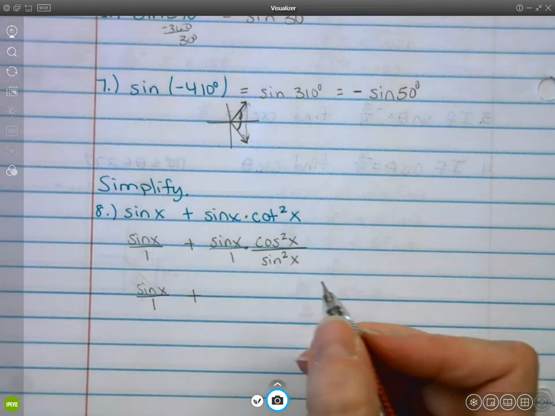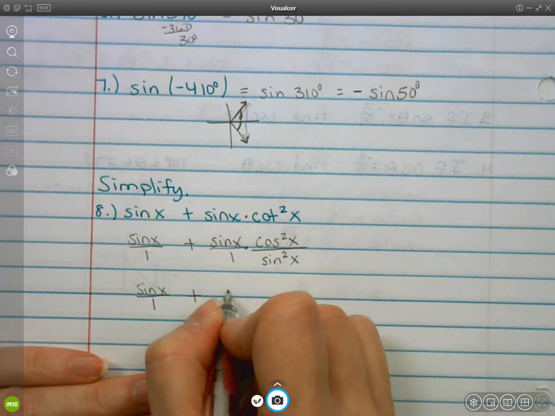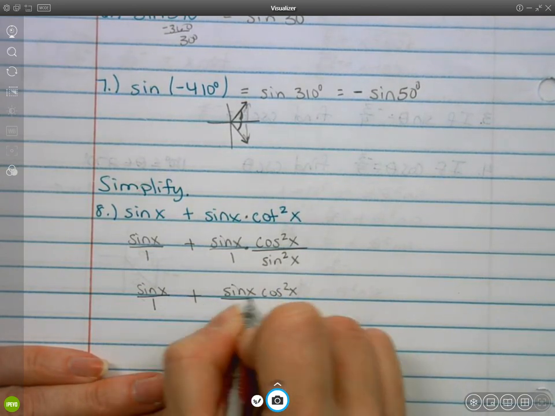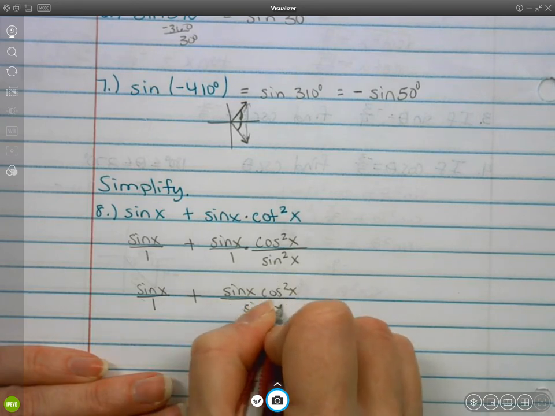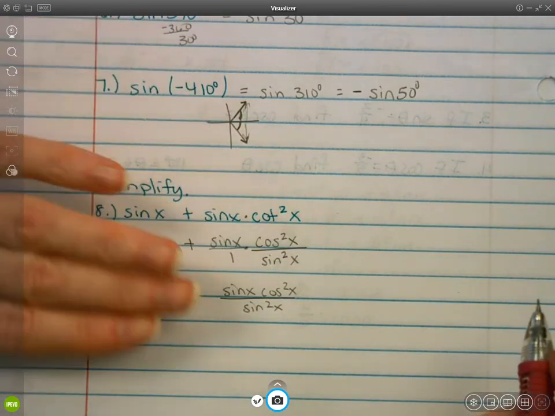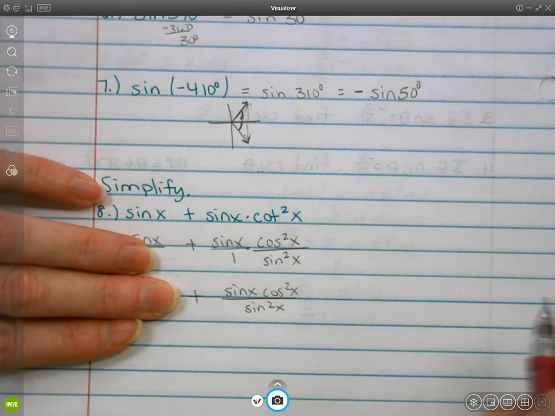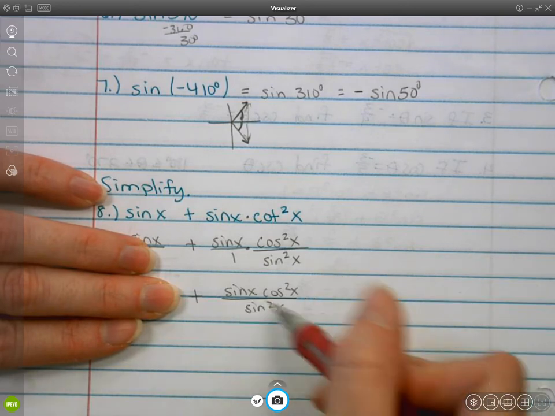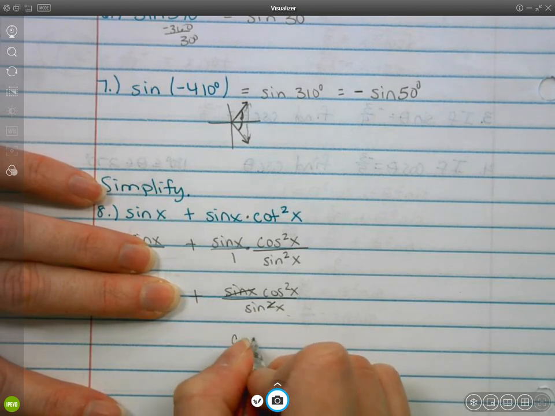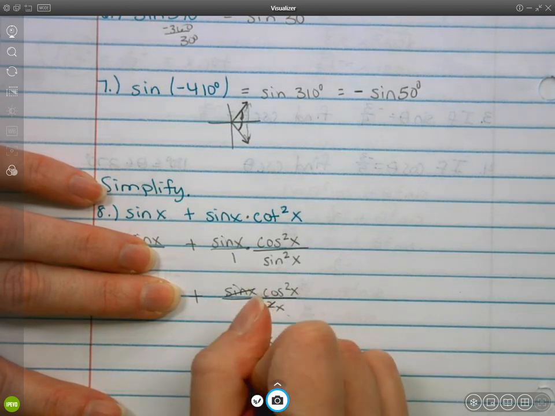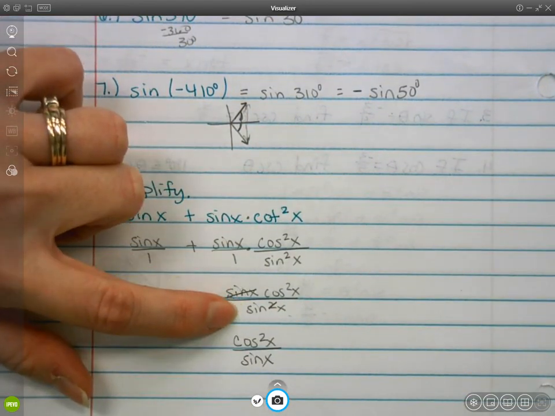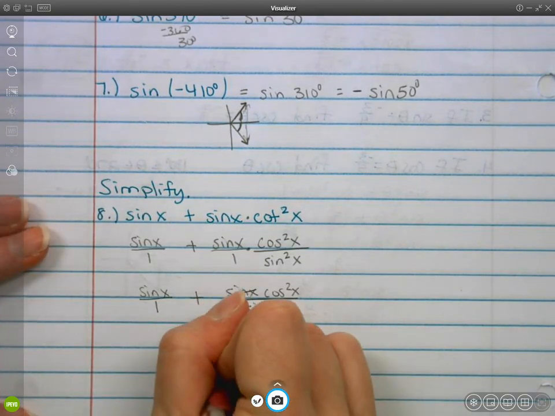All right, so you have sine plus, over here, you just have sine x cosine squared x over sine squared x. Do you notice there's a sine on top and there's 2 sines on bottom? Ignore this one for now because you can't do anything with it because it's being added to the other one. But if you just look at what you have here, this sine can take one of these away. So this is really just cosine squared over sine, because this sine canceled one of those out.